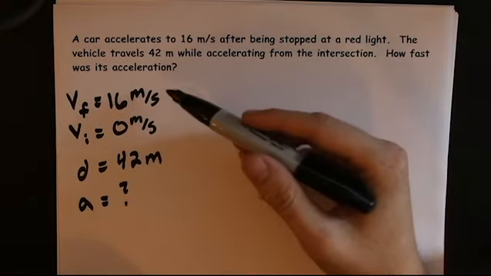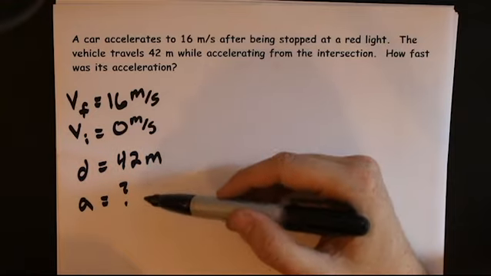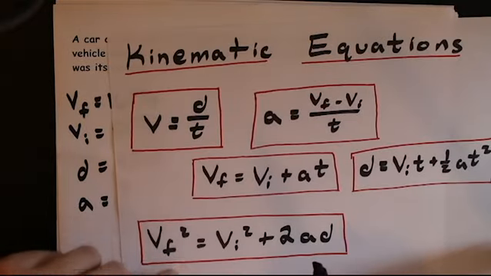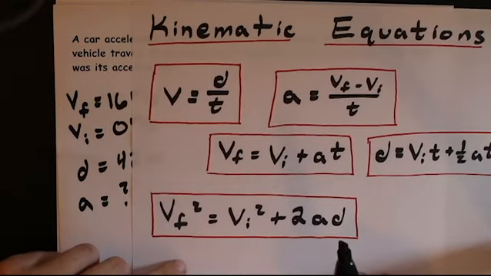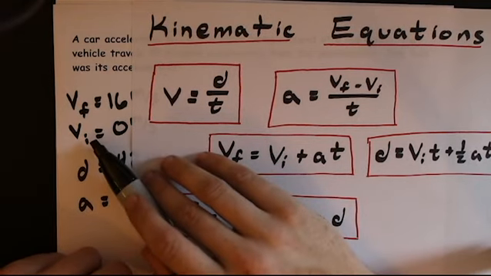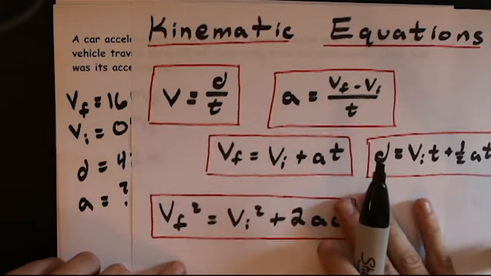Now we have our final velocity, initial velocity, displacement, and it's looking for acceleration. So we want to take our kinematic equations here, and we want to find an equation that fits all of our needs. It has final velocity, it has initial velocity, it has distance or displacement, and it also has acceleration.